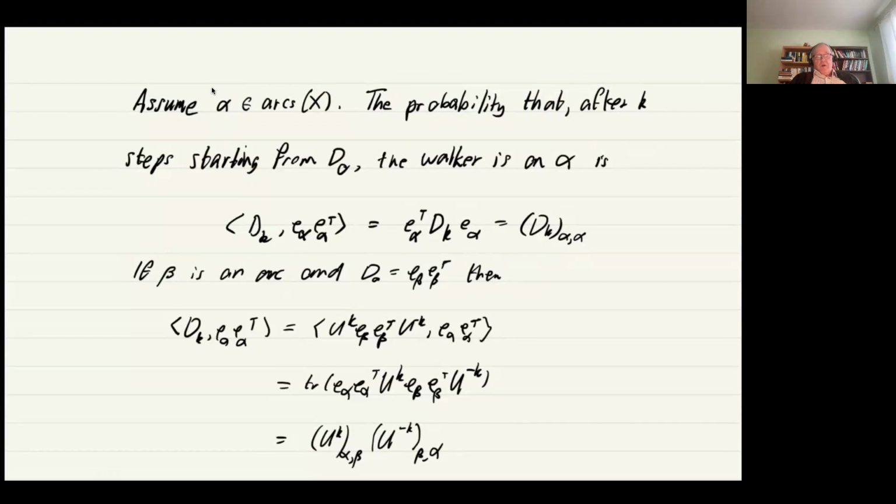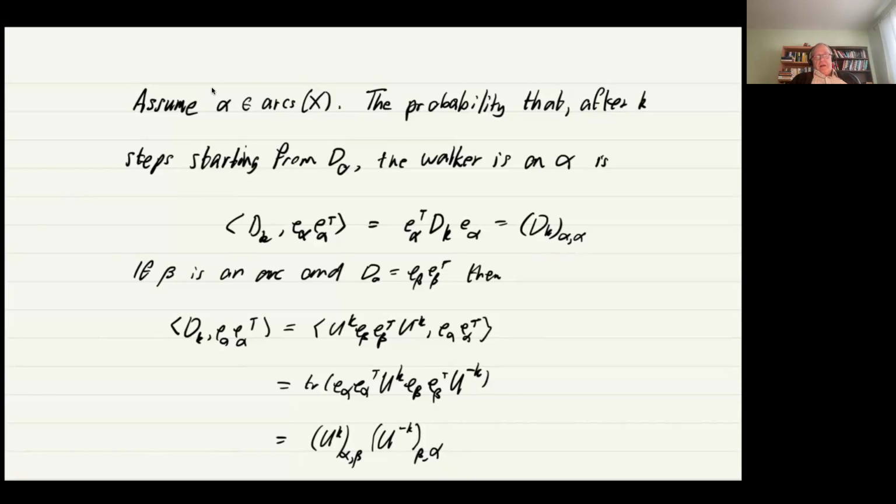So, as I said before, you're just pulling out the alpha diagonal entry of D to the K. I did say when you're doing measurement on continuous walks, the probabilities you're seeing were just given by the diagonal entries of the density. And this is still true, and for the same reasons. And so this is the probability that we're on alpha, given that we started on D0.